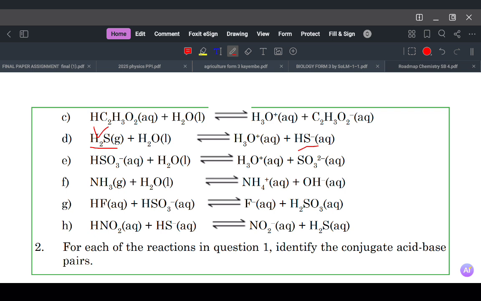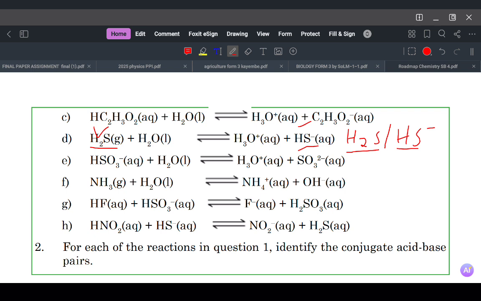So this one has two hydrogen atoms, this one has only one. All right, so therefore the conjugate acid-base pair will be H2S/HS minus. All right, that's the first one. Take note that they only differ by one hydrogen atom.